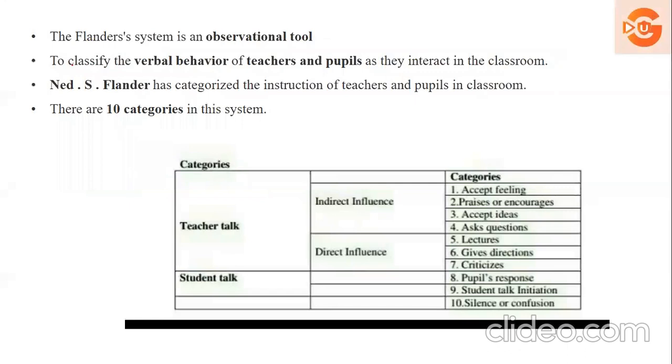This system is basically an observational tool. Observation tool means observation by a teacher. The teacher is an observer, sorry, and the student is the one whom the teacher is observing. So it is an observation tool where it classifies verbal behavior of teacher and pupil as they interact in the classroom.